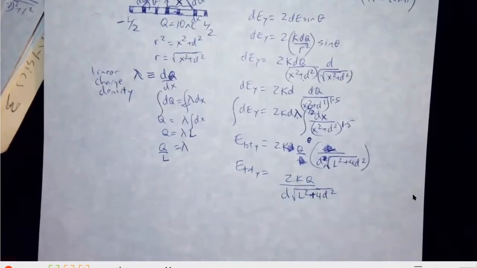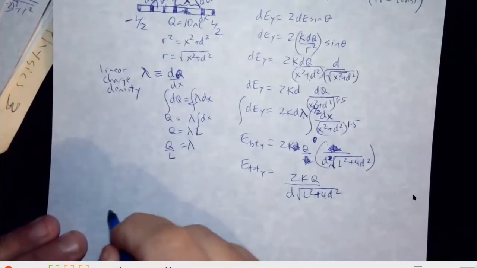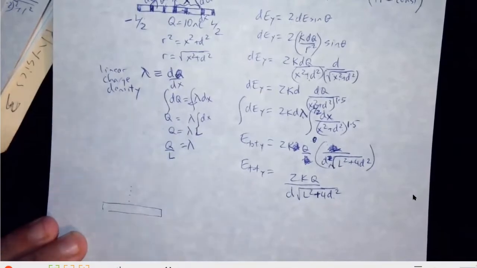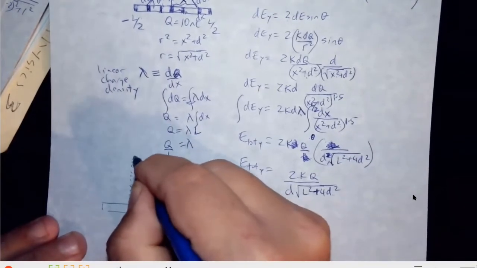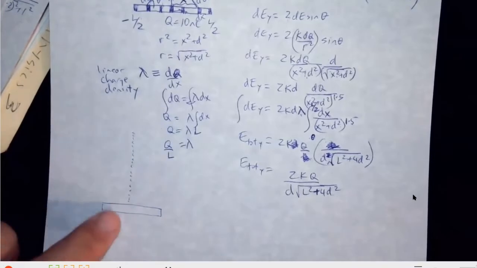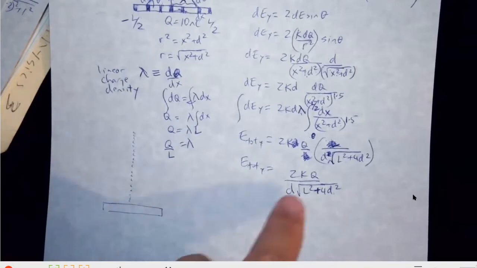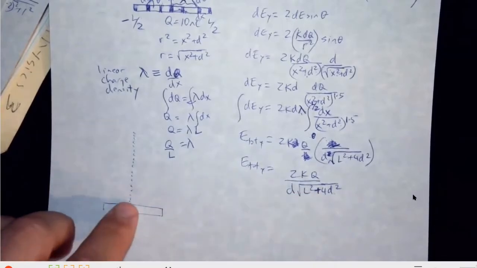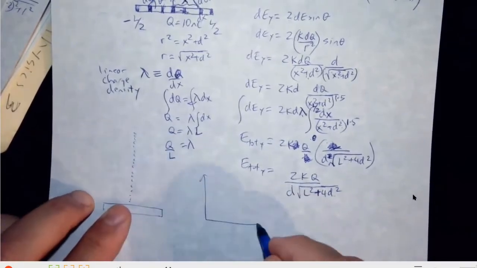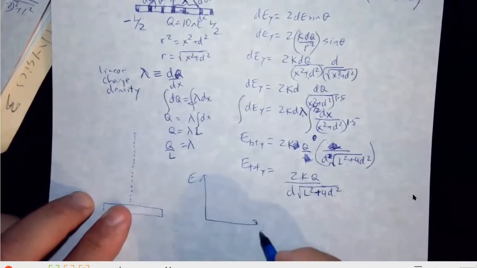Do you remember yesterday's lab? It said something like, make a rod and then find the electric field behavior, and I told you to graph it on Excel. This is actually that equation, the electric field behavior at any distance d away.